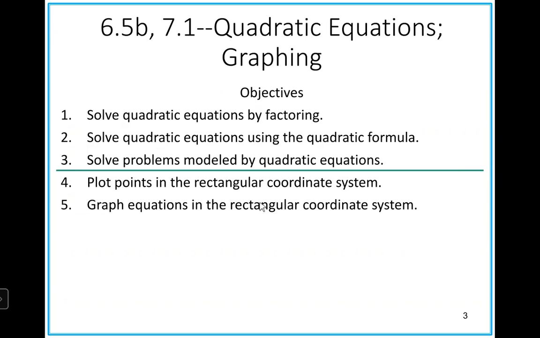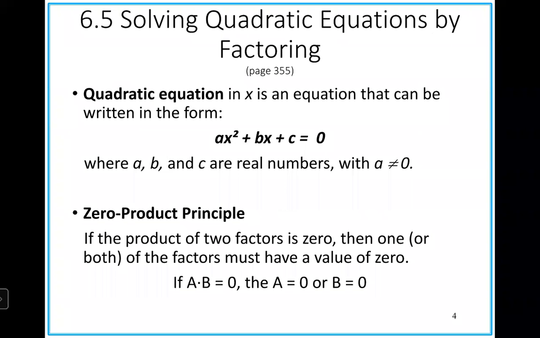And then we're also going to look at the formula, and then we move on to the beginning of chapter 7. So in 6.5, we had gone to a certain point, but right here now we are at page 355. On page 355, they are looking at the process of solving equations by factoring.